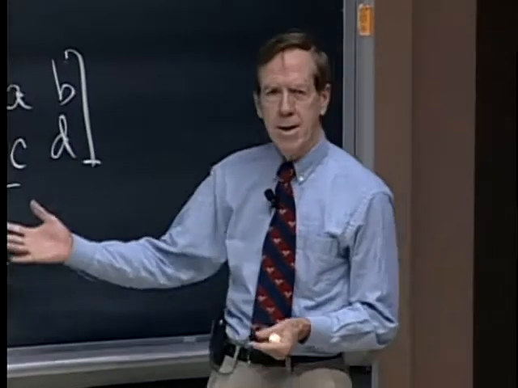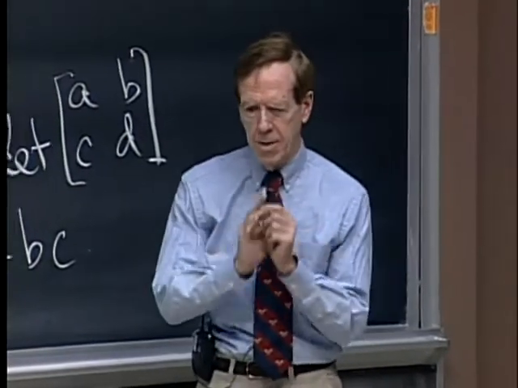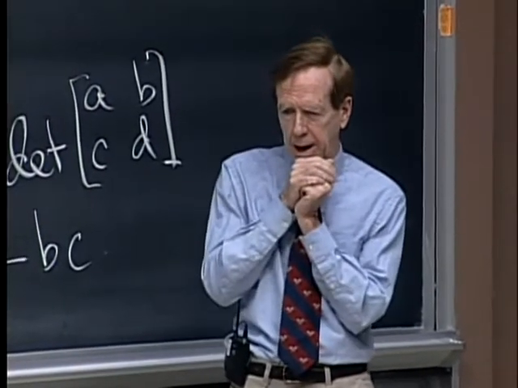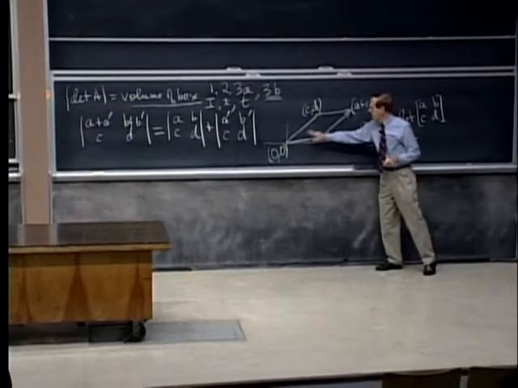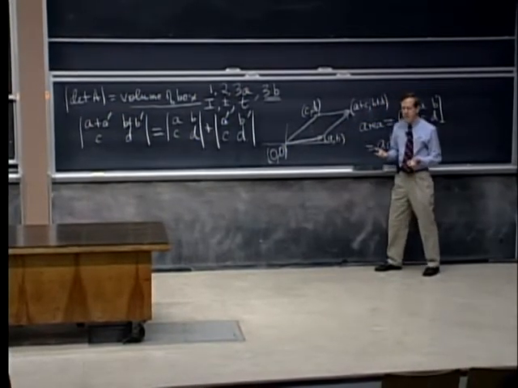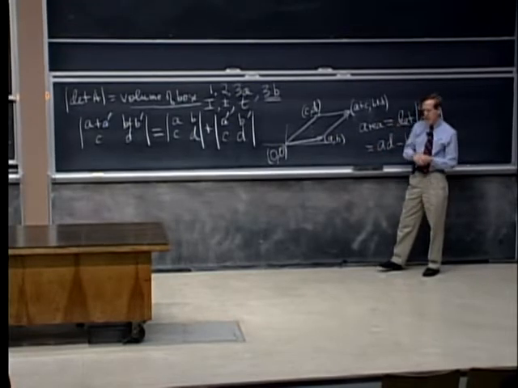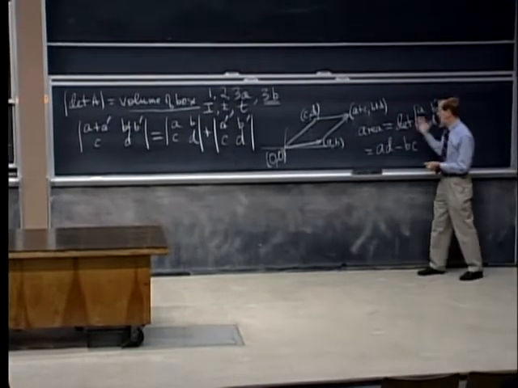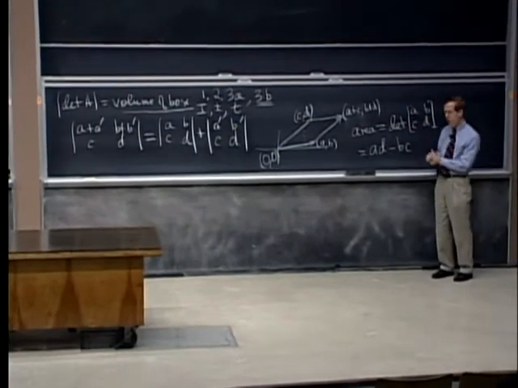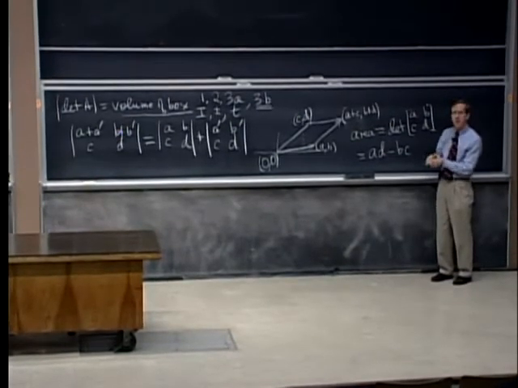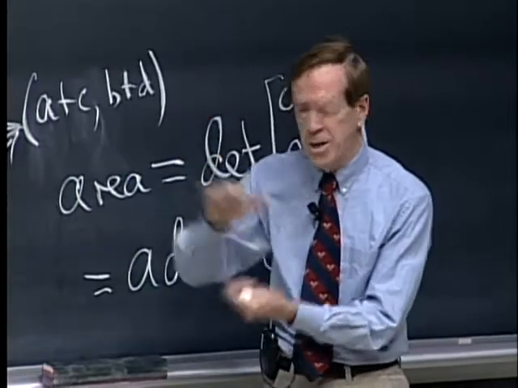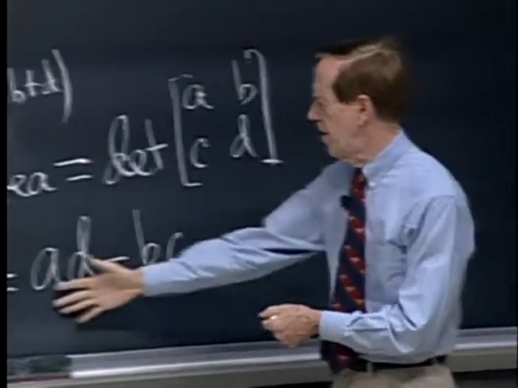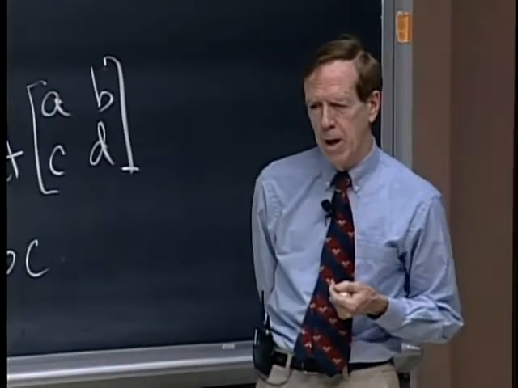Okay, that's the most important point I'm making here: if you know the coordinates of the corners of a box, then you have a great formula for the area or volume that doesn't involve any lengths or any angles or any heights, but just involves the coordinates that you've got.